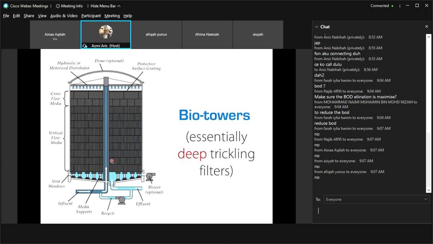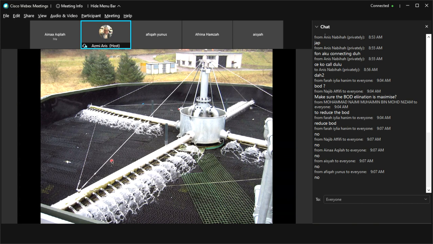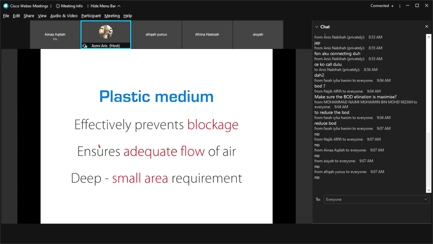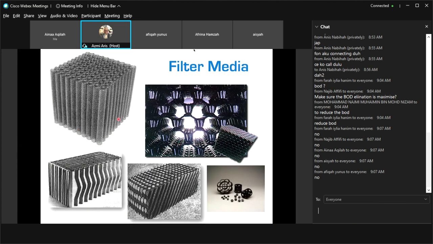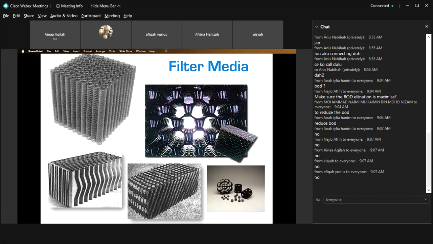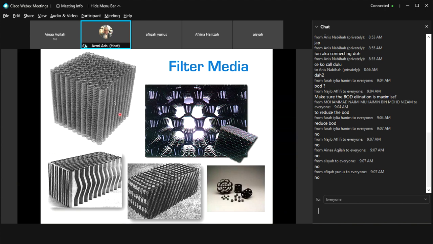Okay, so this is actually the one that I showed you just now. This is the bio tower, and you can see the media is made of plastic media. This is the type of media for trickling filter.